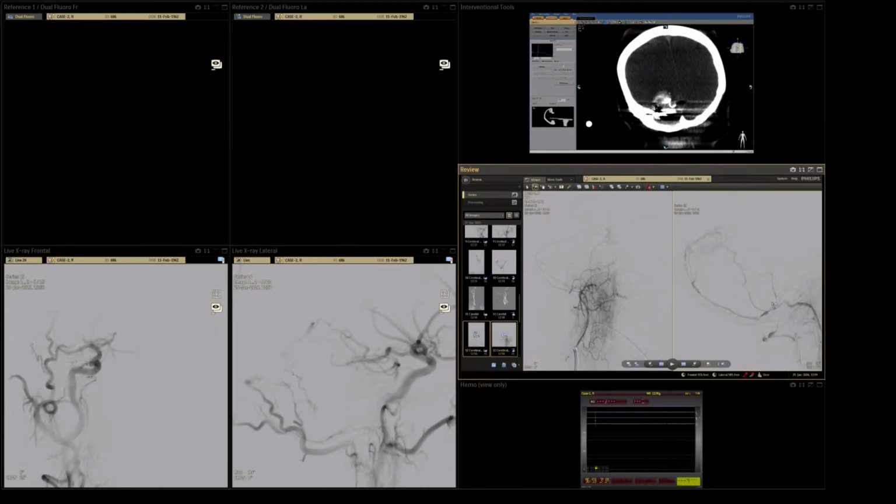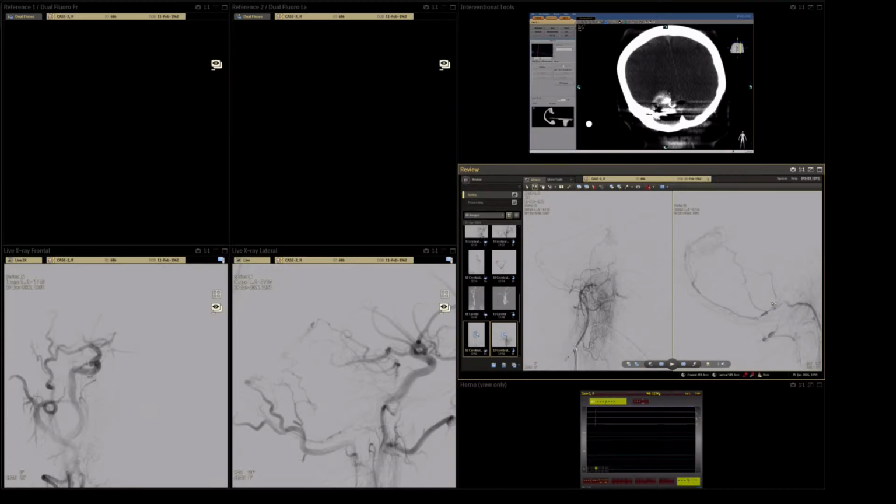This is for control, that is for navigation. Okay.